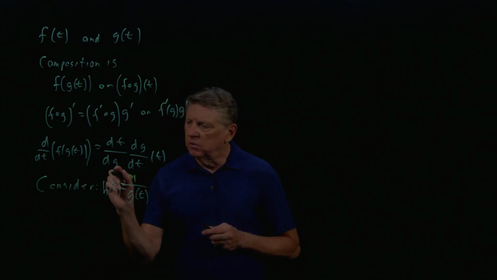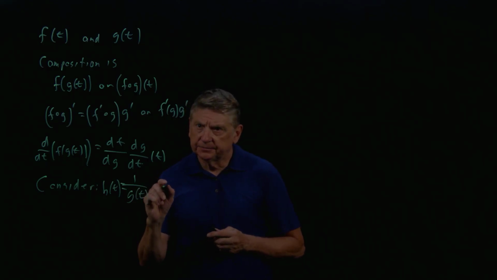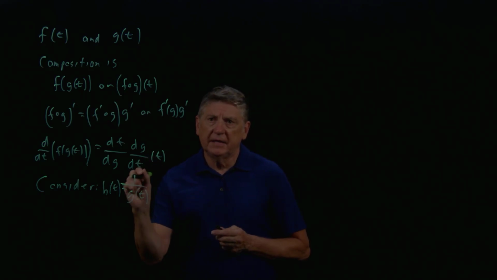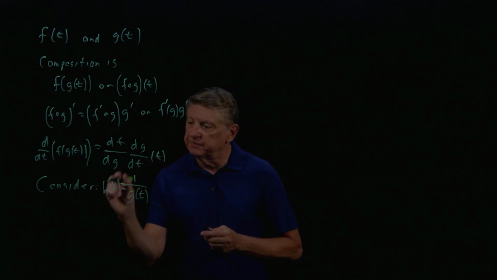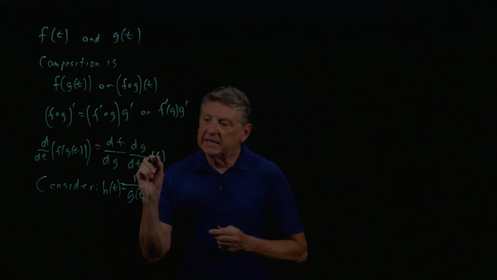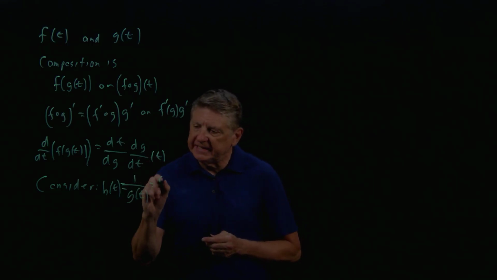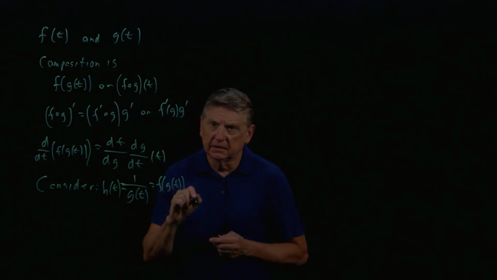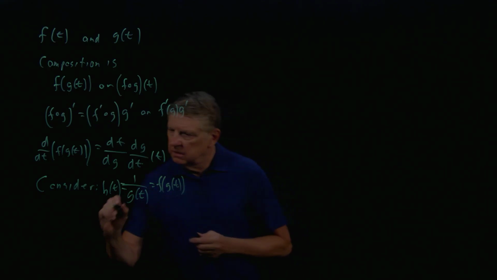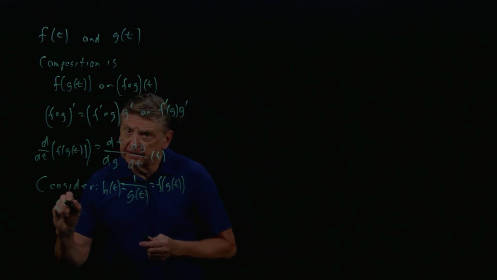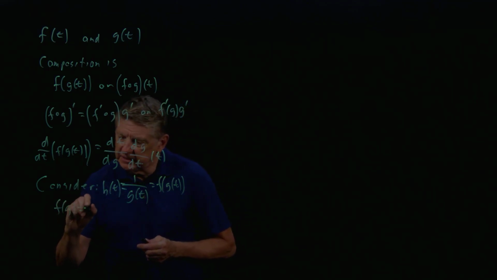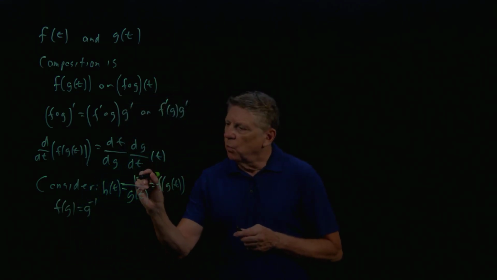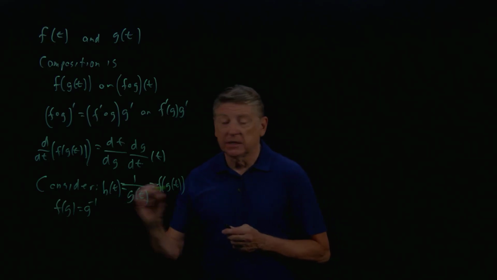So now we can start trying to differentiate h, and we can say that that is some f of g of t, where f of g equals g to the minus 1. That is, 1 over g of t is g to the minus 1.